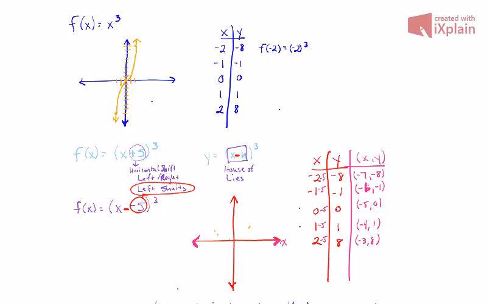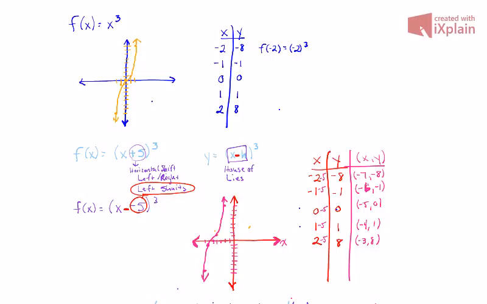So here is -7, -8. Here's -6 and -1. -5, 0, -4, +1, and then -3, 8. So let's connect those.